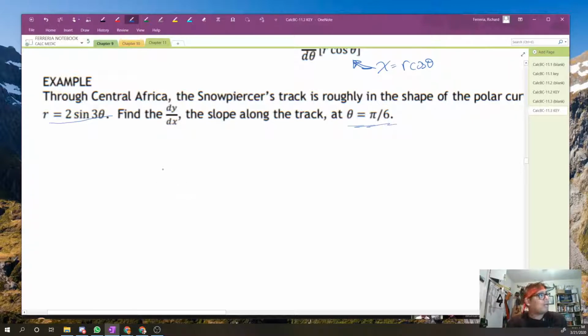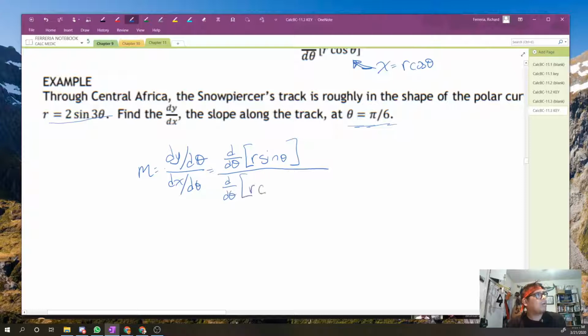Okay, let's see. So this is the slope, and that's equal to dy/d theta over dx/d theta, which is equal to the derivative with respect to theta of r sine theta over the derivative with respect to theta of r cosine theta.